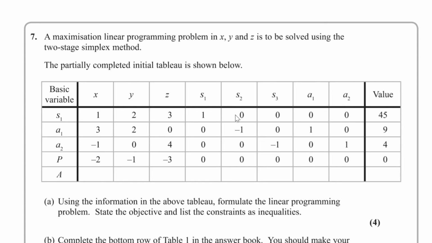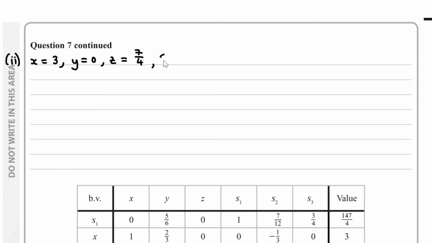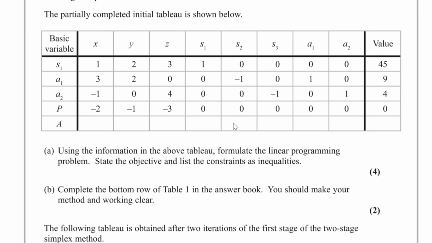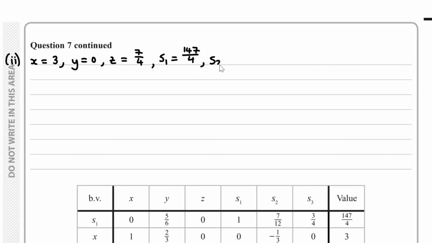And we've got S1 equaling 147 over 4. S2 and S3 will also equal 0, and of course A1 and A2 are equal to 0 because the value over here is equal to 0. So S2 equals 0 and S3 equals 0.